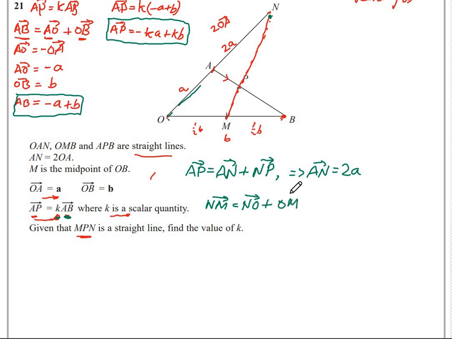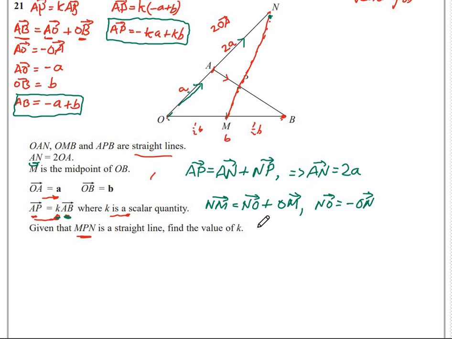Okay? Now, NO is the negative of ON. Okay, so ON would be going from here, because this is the vector OA, and then we have the vector AN. We're given the vector AN. So we could say NO equals the negative of ON, and ON equals A plus 2A, which is 3A.